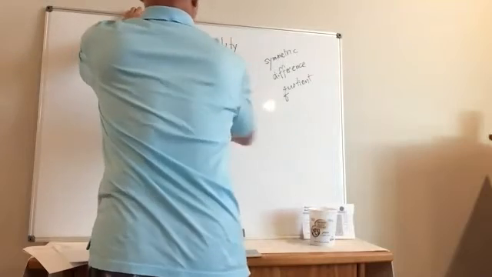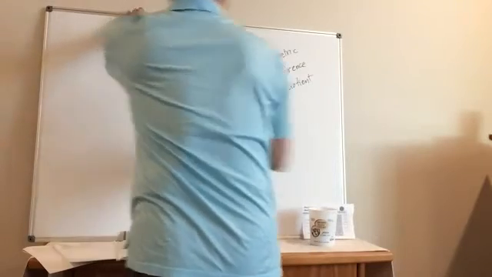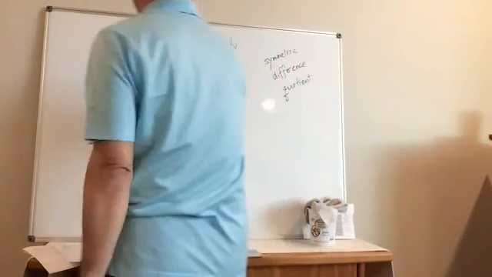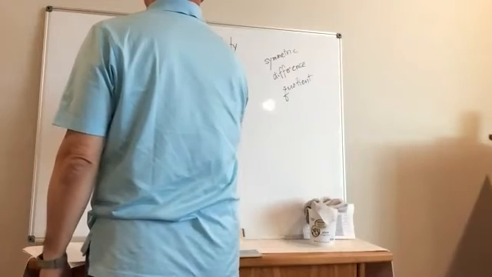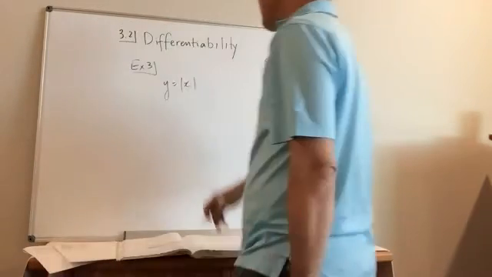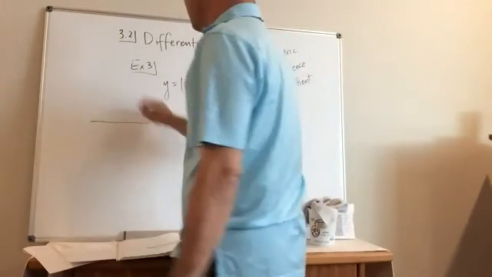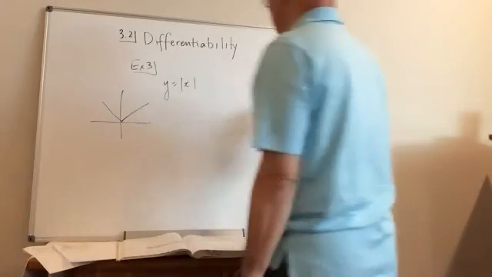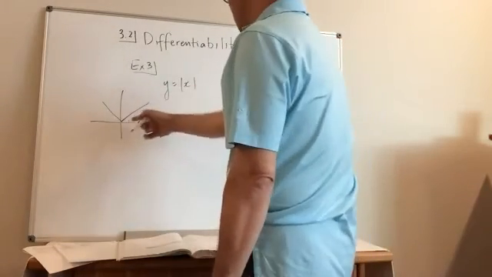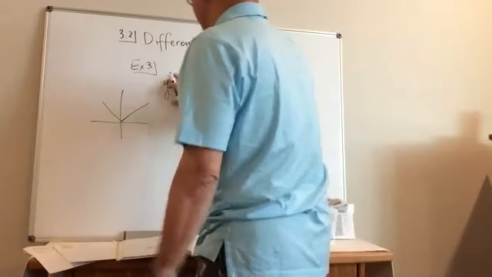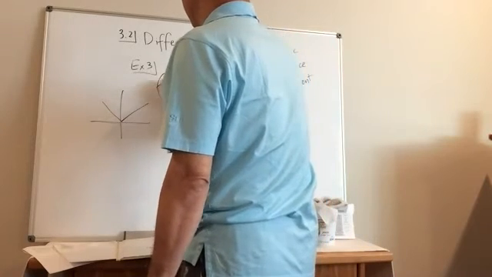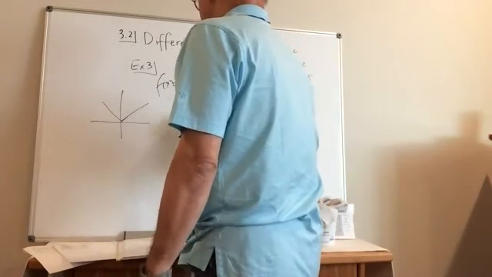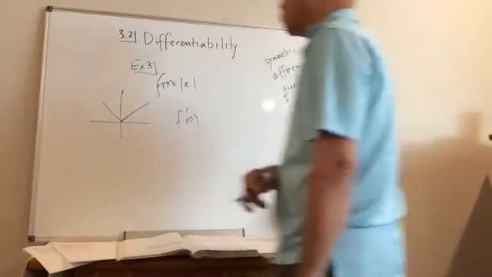This falls apart in example number 3. Y is equal to that. If you do this, what are you going to get? You're going to get this. So let's say we're trying to find f prime 0.